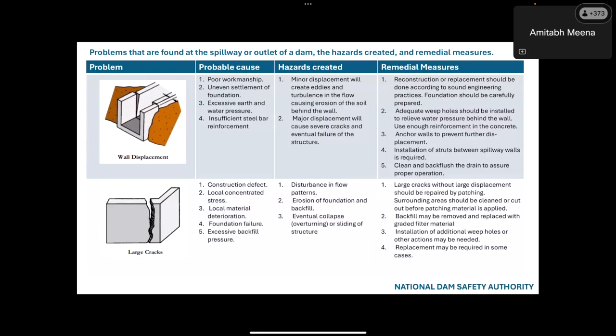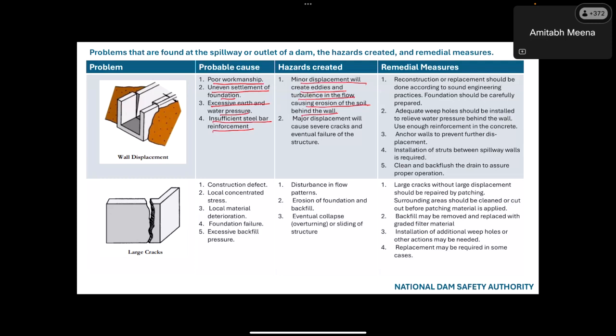So maybe some quality issues, workmanship, or some foundation issues. Minor displacement will create eddies and turbulences in the flow, causing erosion of the soil behind the wall. Major displacement will cause severe cracks and eventual failure of the structures.